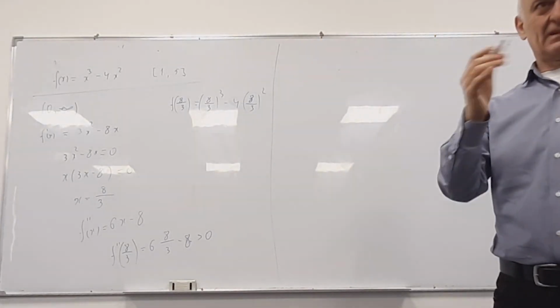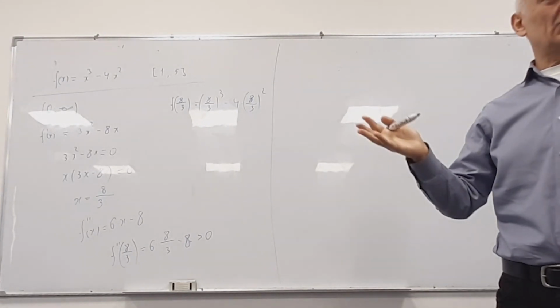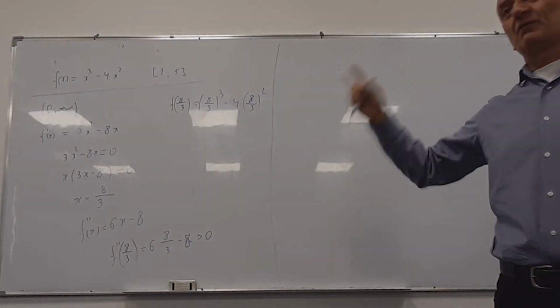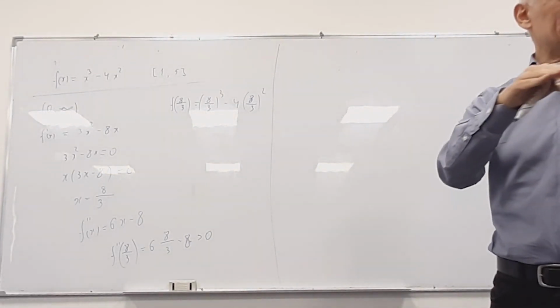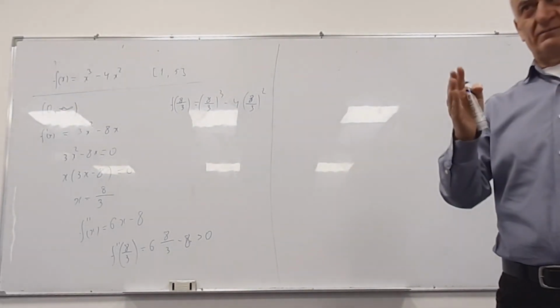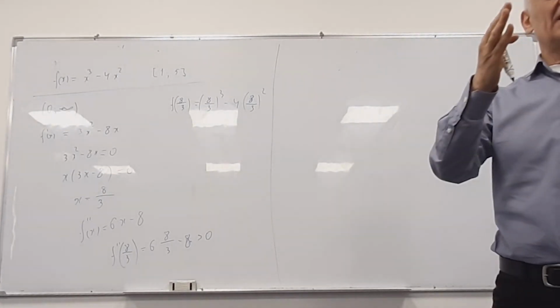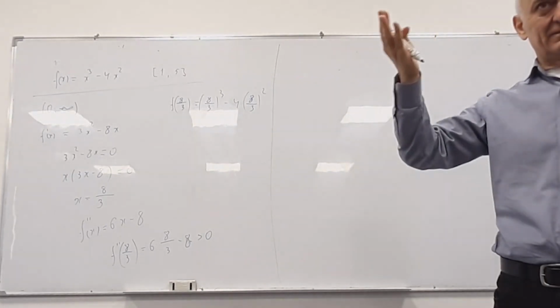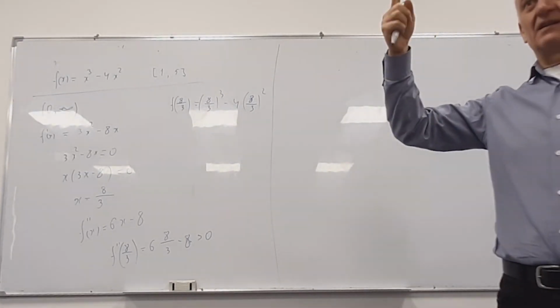Step 1, construct a mathematical model, which means to translate a real world problem into mathematical terms. Step 2, solve this mathematical model. And step 3, interpret this solution in terms of the original real world problem.